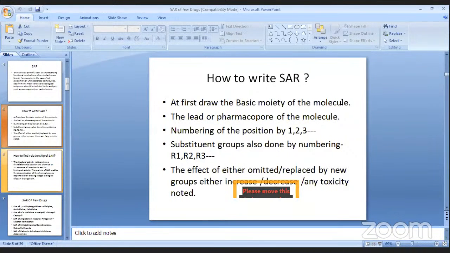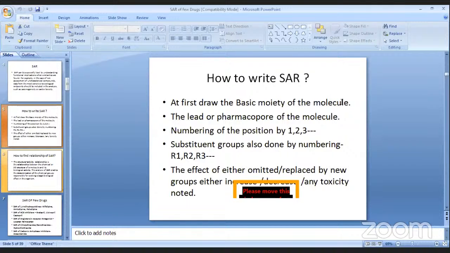For example, I am giving you an example of chlorothiazide. Already you have studied chlorothiazide. It is a diuretic, but when at the 3 and 4 position, one double bond is dehydrogenated, then you will get hydrochlorothiazide, which is a very potent drug.